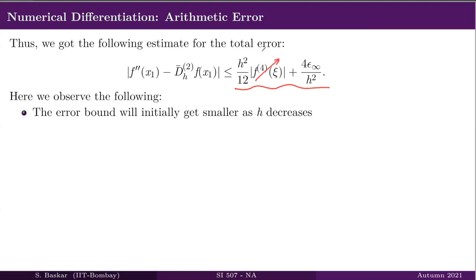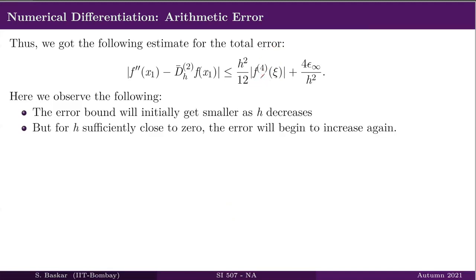Well, I'm sorry, I should have put this as f4 infinity. Okay, just note this. And then if you keep on decreasing the value of h, at one critical value of h this term will start dominating and it will take you to infinity.